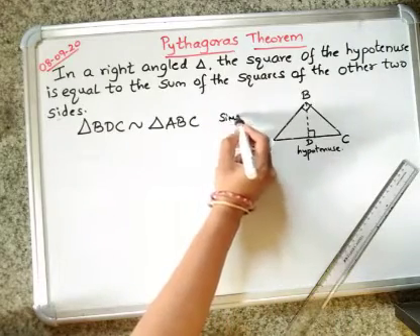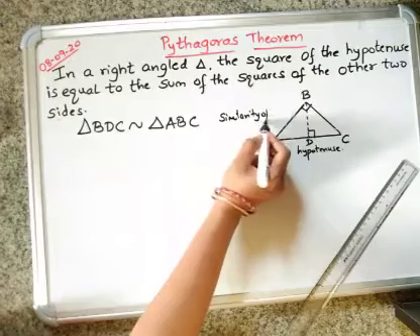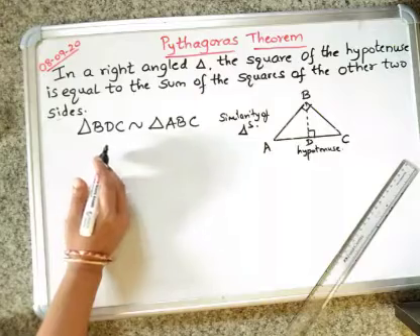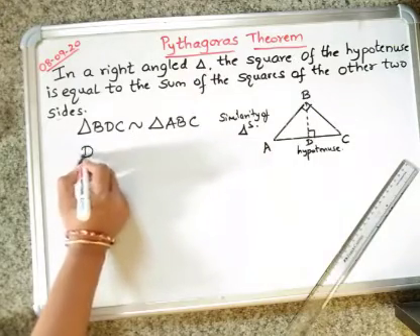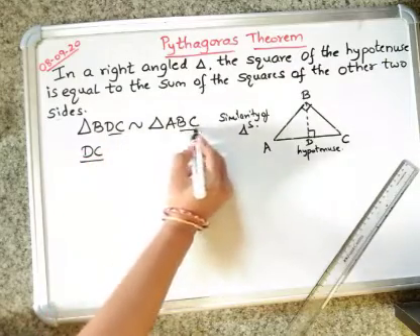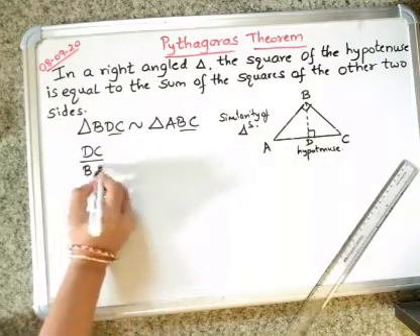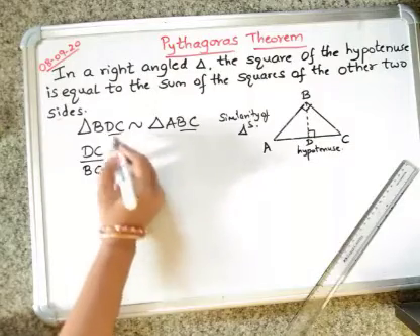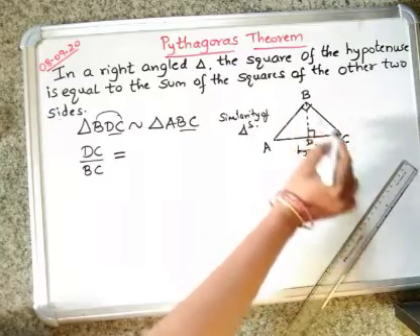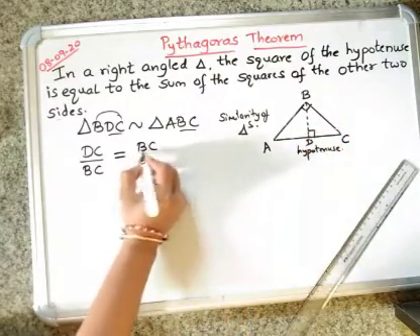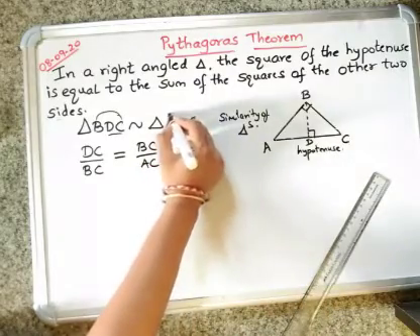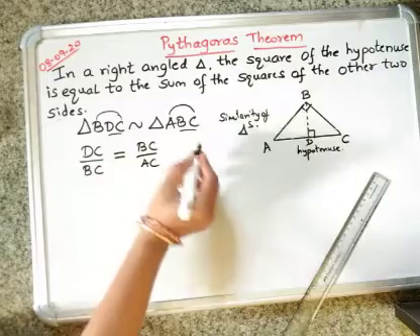So the reason is similarity of triangles, right? Now once again I will write the ratio, the sides are proportional. Now I am taking DC. When you take DC, which is the proportional side? That is BC. Is equal to, now I am taking this BC in BDC, which is the hypotenuse BC, right? So which is the hypotenuse in ABC? That is AC. Now, have you understood how to take the corresponding sides?